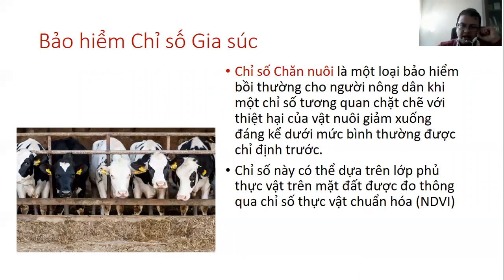So an example of this is using vegetation cover on the ground. There are some satellite-based vegetation index products also in East Africa and countries like Kenya and Ethiopia, for example, where essentially the vegetation index cover on the ground is used as a proxy for the health of the livestock.